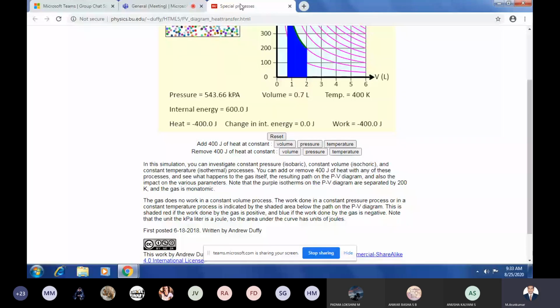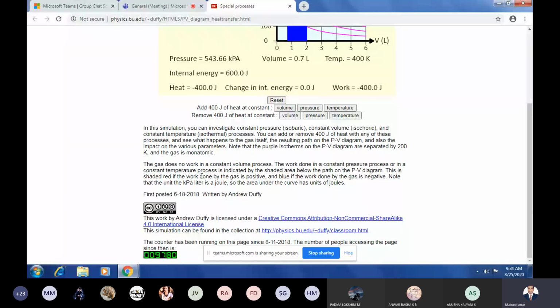You can access the PPT available in our class, in Microsoft Teams. Just click the web page and go through it. You can get some more ideas about the thermodynamic processes.